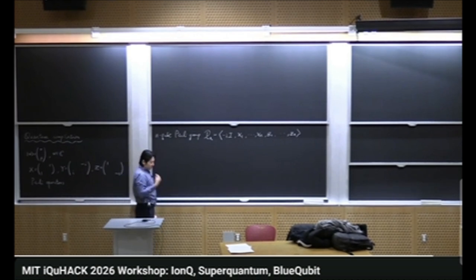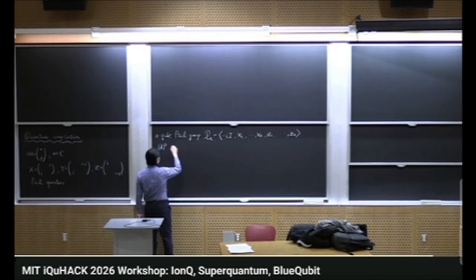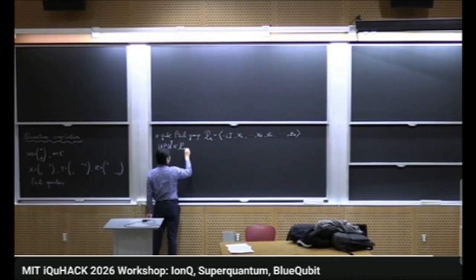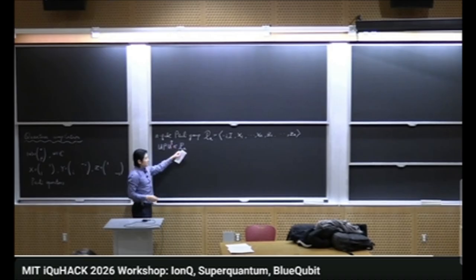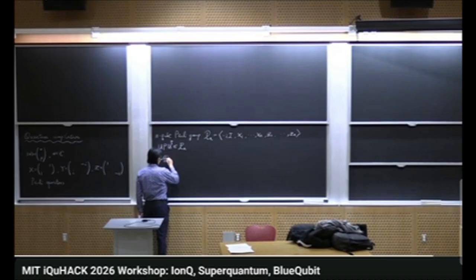A first idea is to say, if there's a unitary, an operation such that for any Pauli operator, when I conjugate this element with the unitary, I return something else back in the Pauli group. In other words, if there's a unitary that preserves the Pauli group, then this is defined as a Clifford operation.